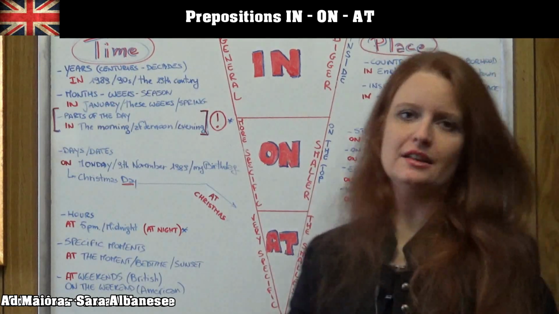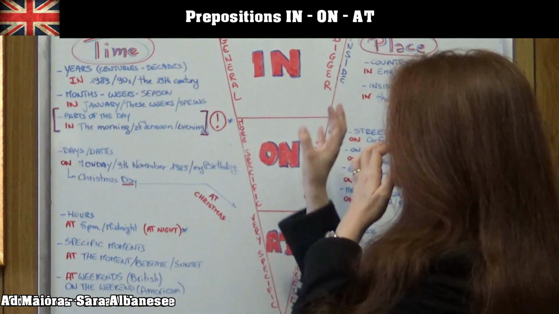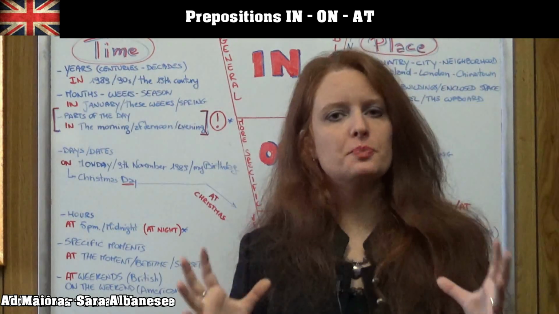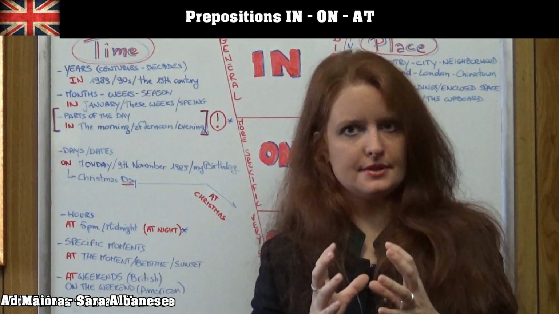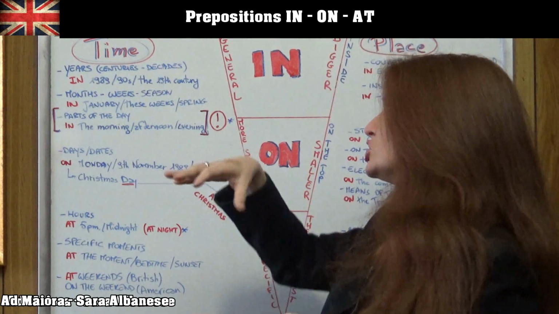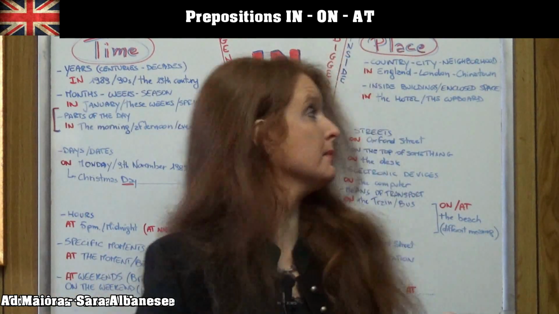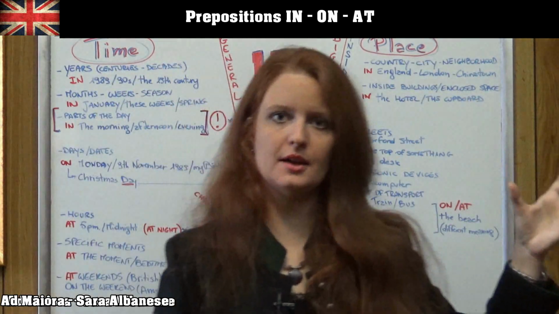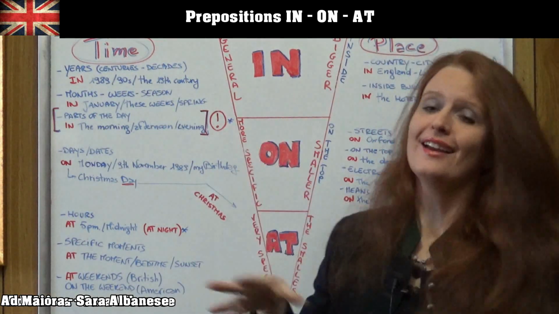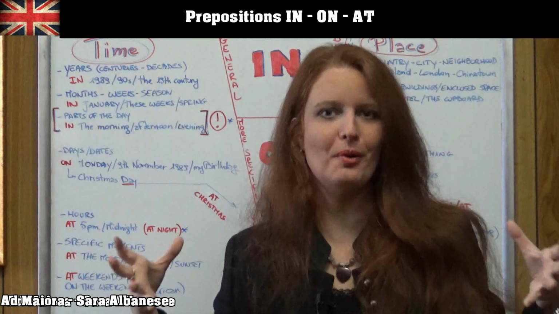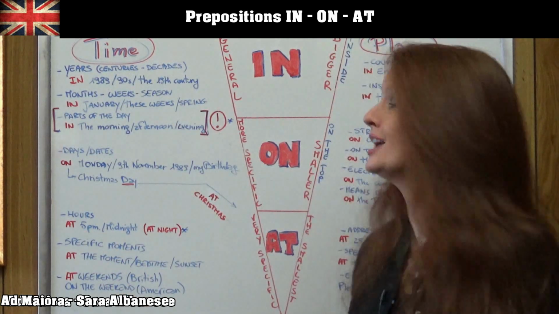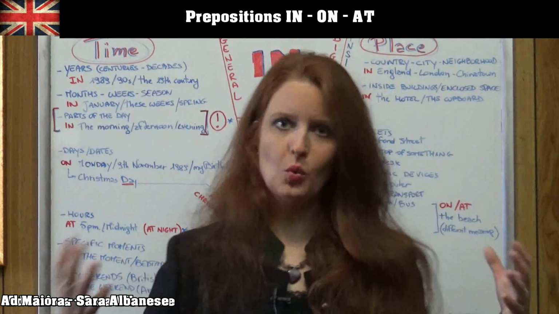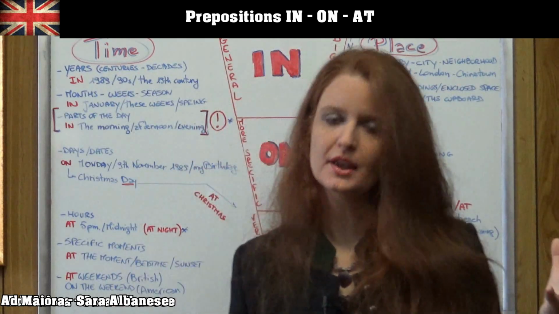So let's start from in. In is on the top, here in the largest part of this triangle. The largest part because in expresses general periods of time and bigger places. So this is why it is in the larger part of our triangle, because it talks of the widest periods of time and the widest places as well.